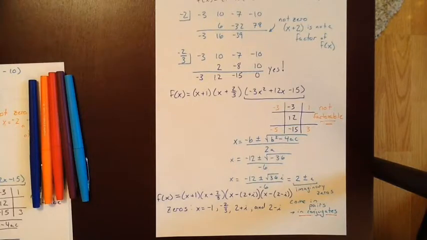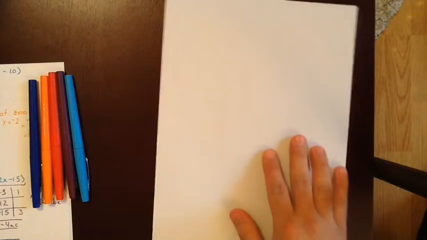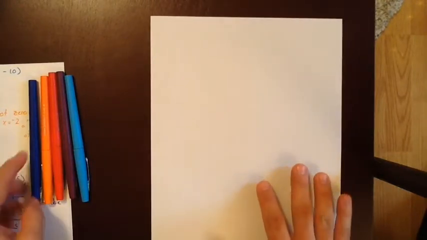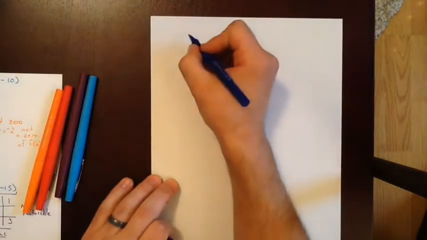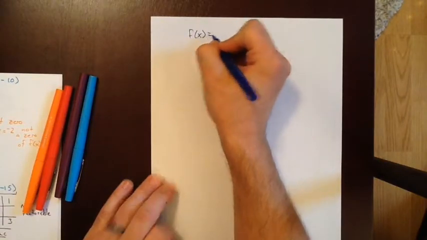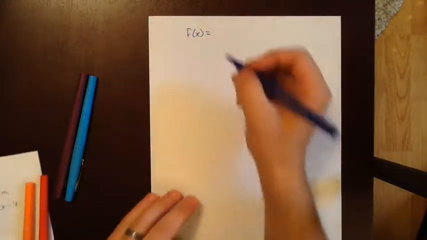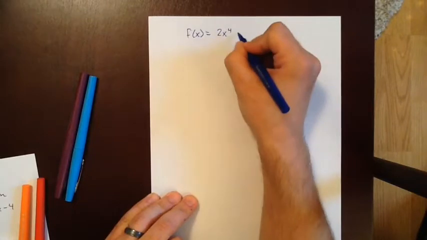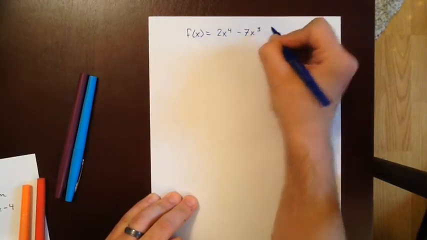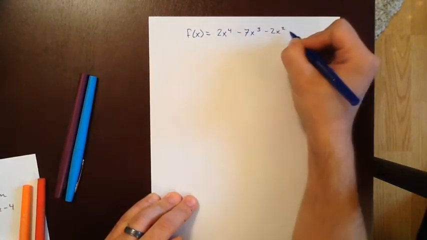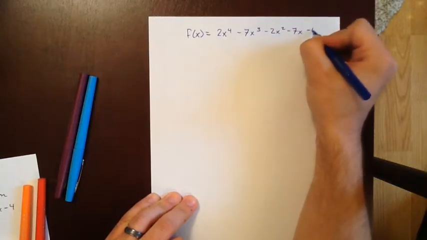But before you go, I would like for you to take time to factor and solve this next polynomial. Let's say we have f of x equals 2x to the power of 4 minus 7x cubed minus 2x squared minus 7x minus 4.